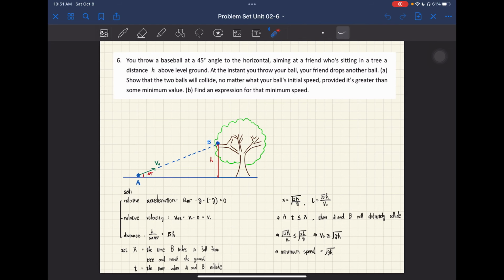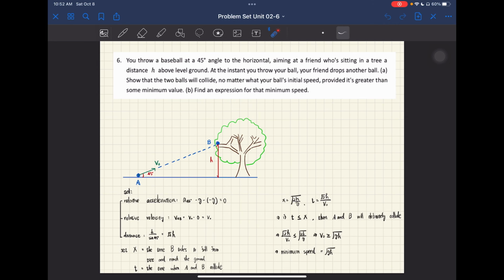And now we derive an inequality. If t is smaller than or equal to x, then A and B will definitely collide. So it means square root of 2 times h over v0 is smaller than or equal to the square root of 2h over g.